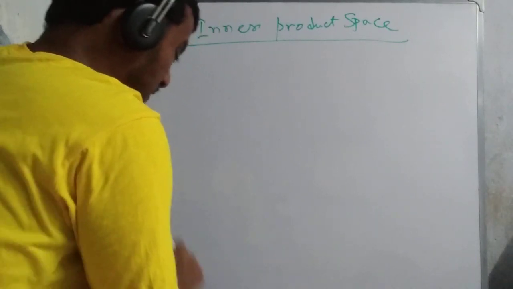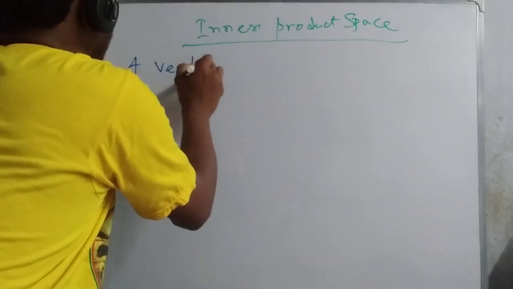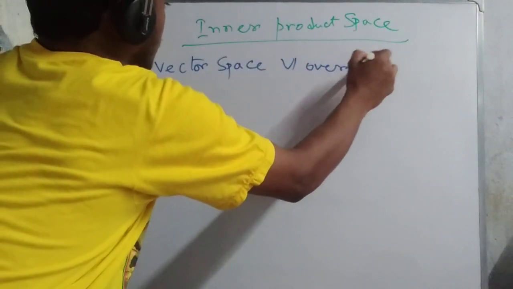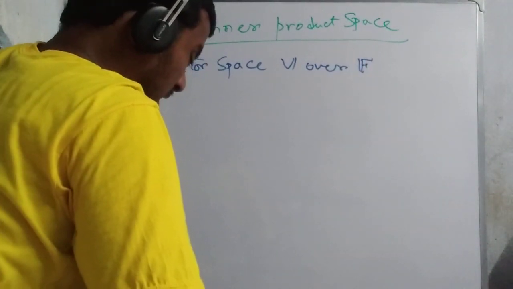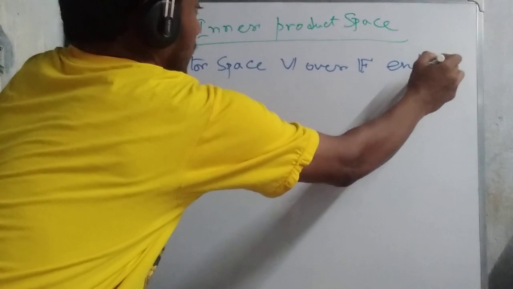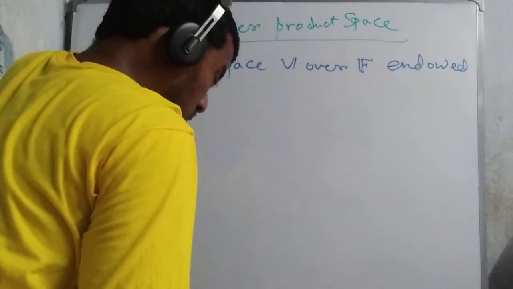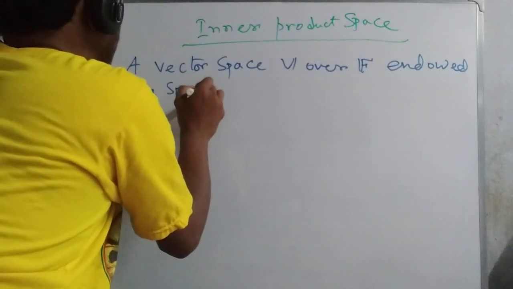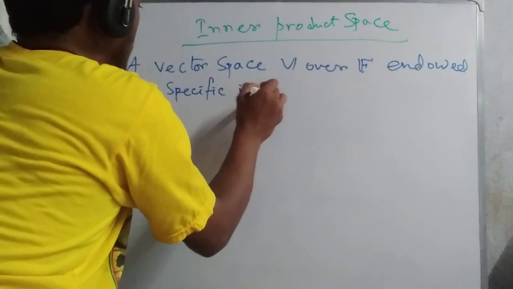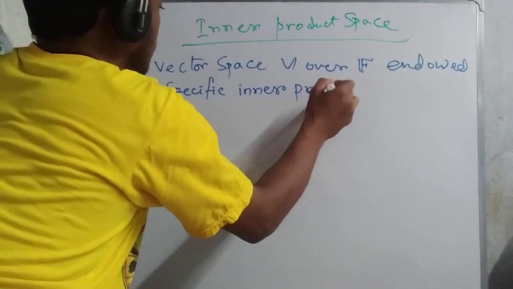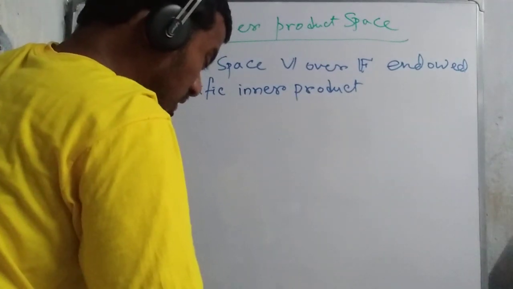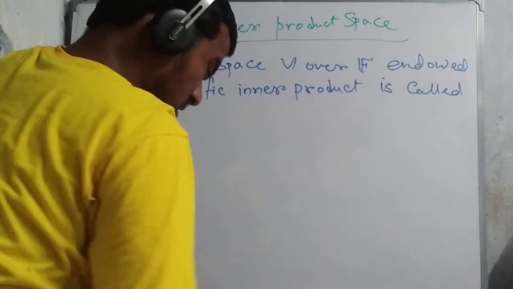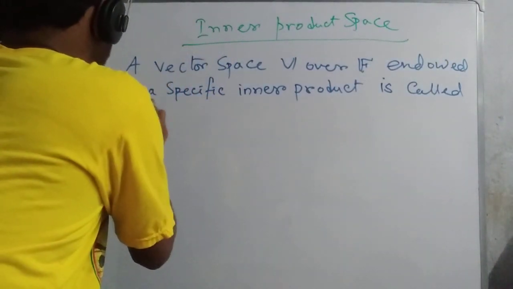Okay, a vector space V over F endowed with a specific inner product is called an inner product space.